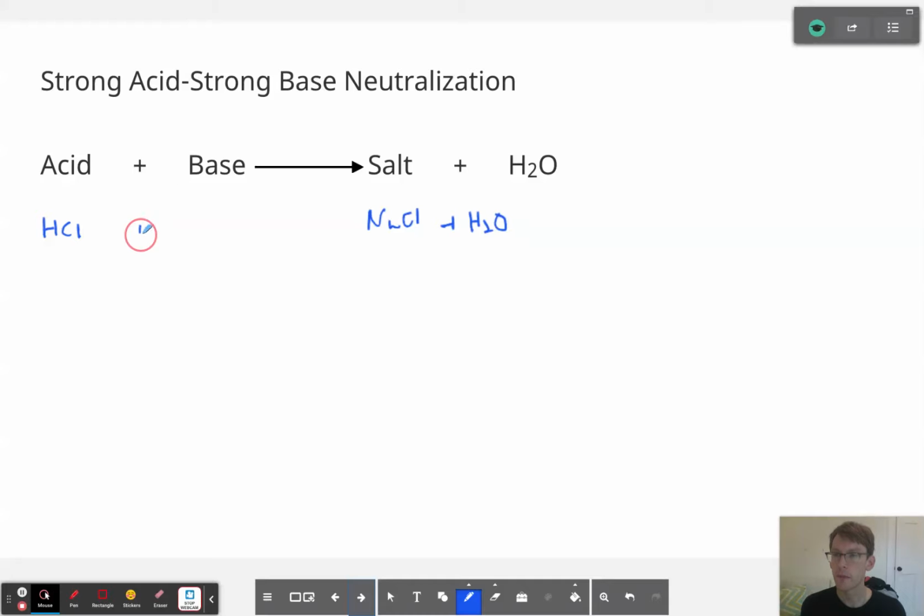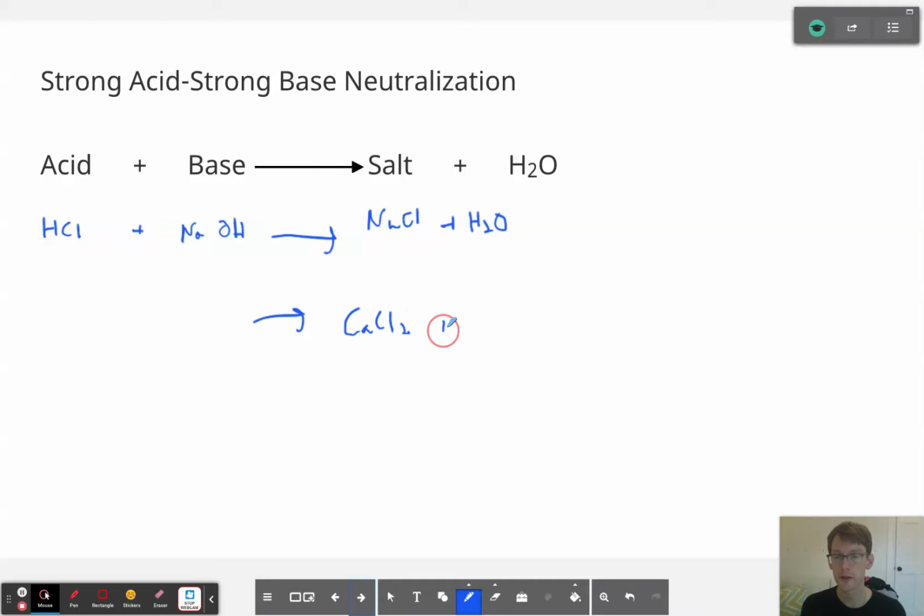And then the base needs to have hydroxide if we're reacting it with H plus to give you water. So it's something with a hydroxide, and there's sodium here. Oh, it's just NaOH. So our acid is HCl, our base is NaOH, and they'll react together to give you a salt and water.